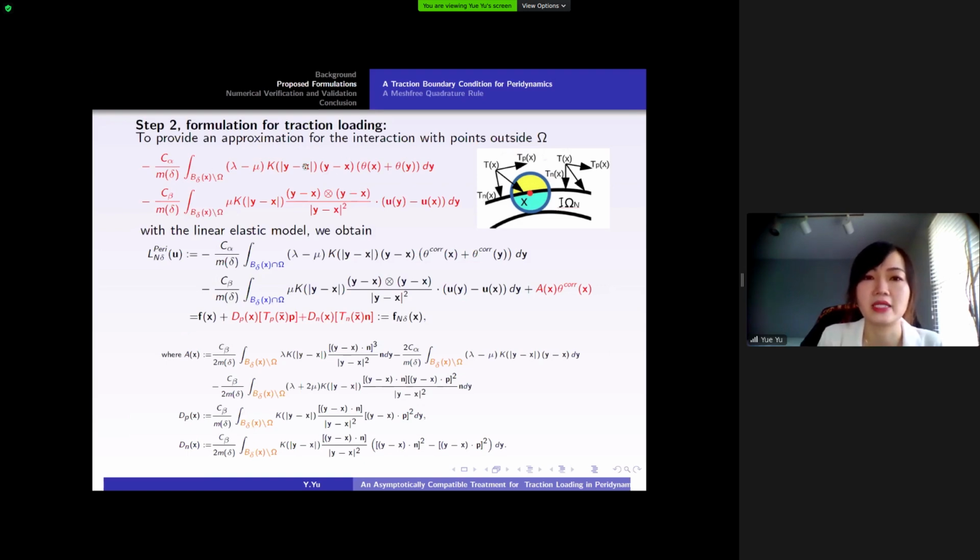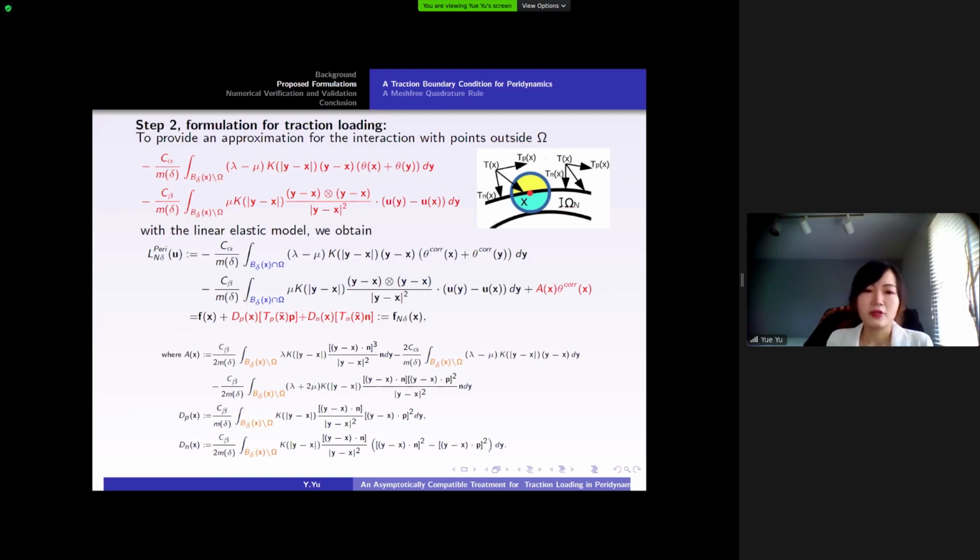That is given by this red expression here. Our idea is to use the nice property that the LPS model corresponds with the linear elastic model, and then use a Taylor expansion. Finally we propose these three terms as the approximation for the missing interaction with the material outside.